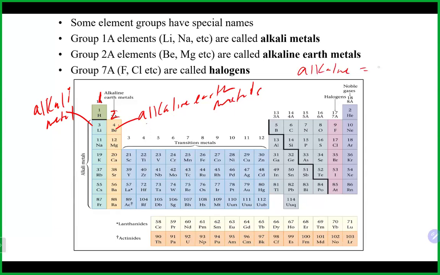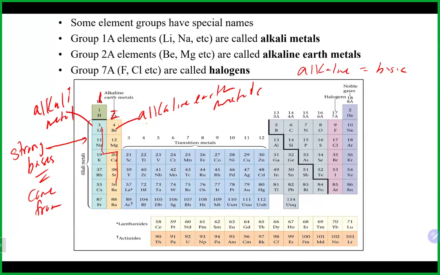So if somebody says make it alkaline, usually that means basic. And in group one and group two is where a lot of strong bases come from. Things like sodium hydroxide, potassium hydroxide. Frankly, if you go this way and this way, and put OH with those elements, that is where a lot of strong bases are generated from.